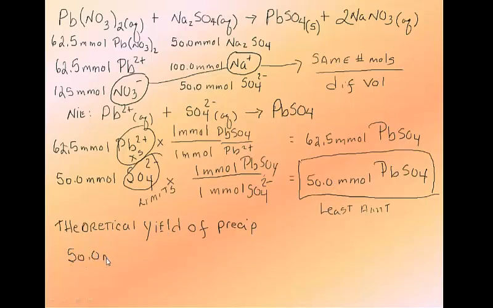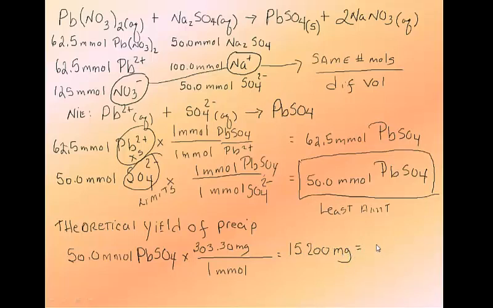How you do this is really up to you. 50 millimoles of the lead sulfate, and the molar mass is going to be 303.30 milligrams for every 1 millimole, which gives you a theoretical yield in milligrams with 3 sig figs of 15,200 milligrams.